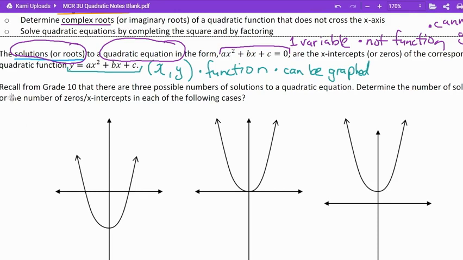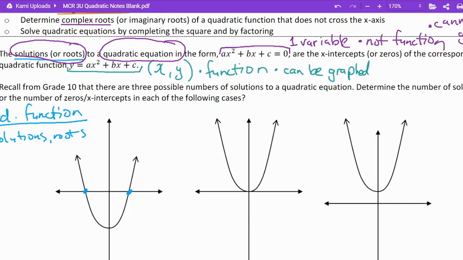When we have a quadratic function and it can be graphed, we can say, yeah, there's solutions and roots, but there's more words we can use. When you can graph it, now, what would you call this dot on the graph?